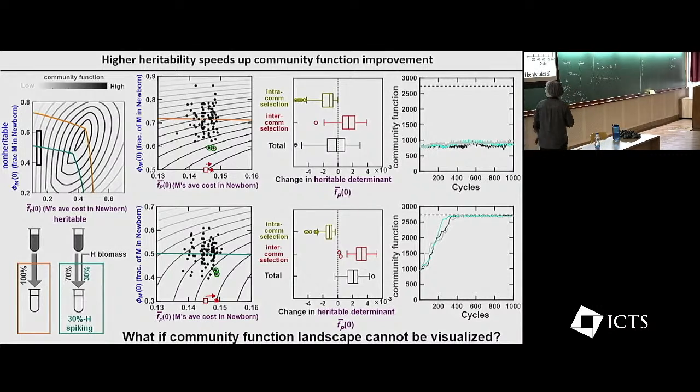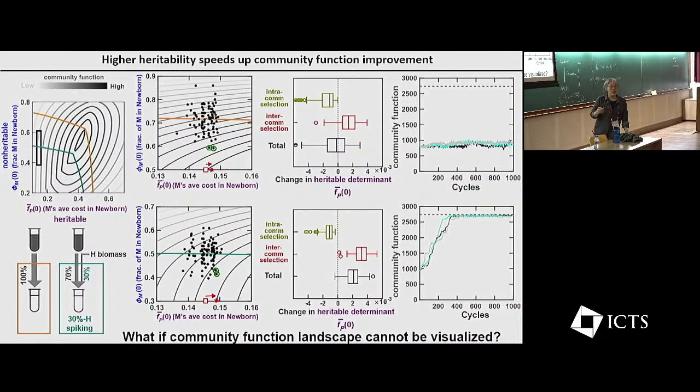All right. What if a community function landscape cannot be visualized? Then what I propose is that you could empirically determine community function heritability. How would you do that experimentally? You can try several different strategies, see which one has the highest heritability and use that one.